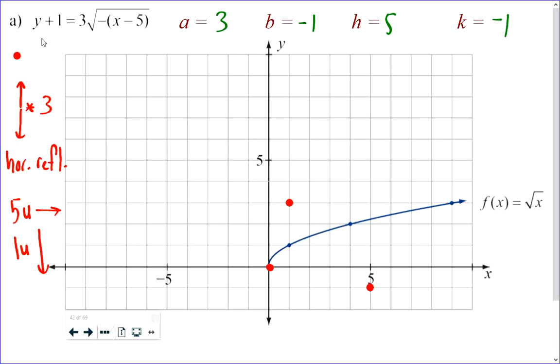I'm going to reflect it horizontally across the y-axis, and then I'm going to shift it 5 to the right and 1 down. 1, 2, 3, 4, 5, and 1 down. And Ian, you had asked about what about the horizontal reflection. We can see now if I start to connect these 2 points, it has to curve up and to your left.